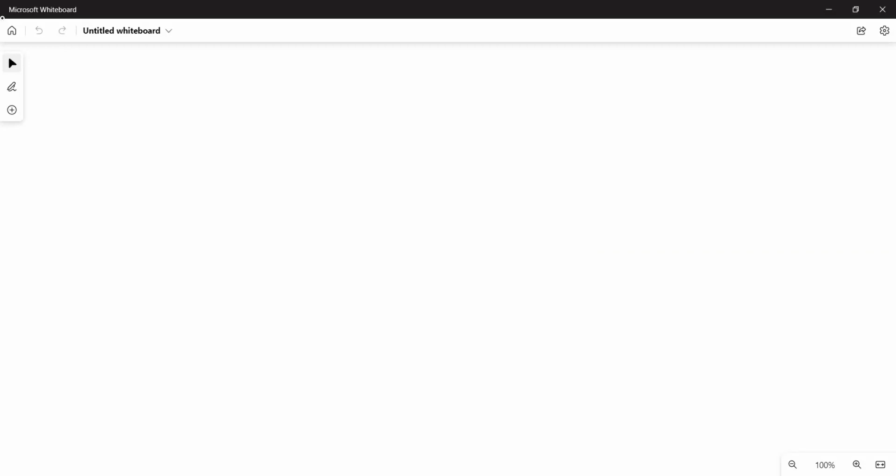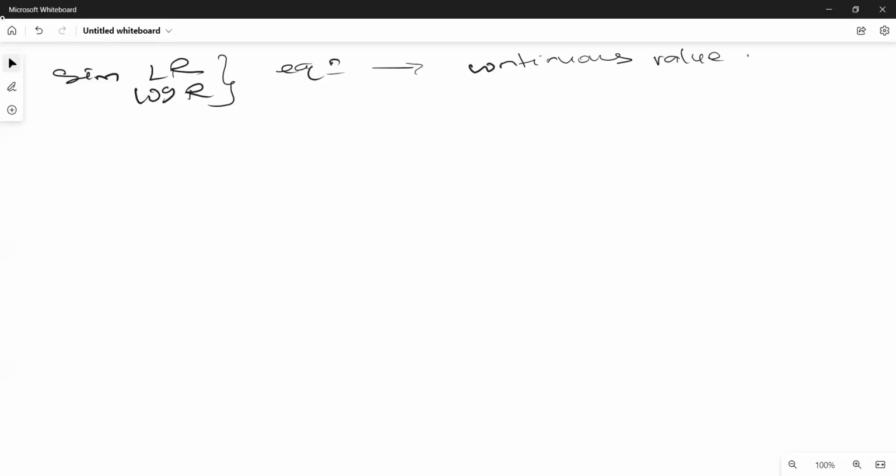Now, if you look at the similarities of linear regression and logistic regression, both are similar in nature because both these equations give you a continuous value. y equals a plus bx, and p equals 1 upon 1 plus e raised to minus (a plus bx).